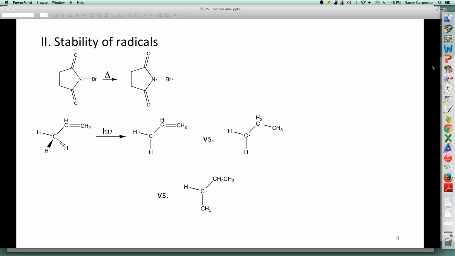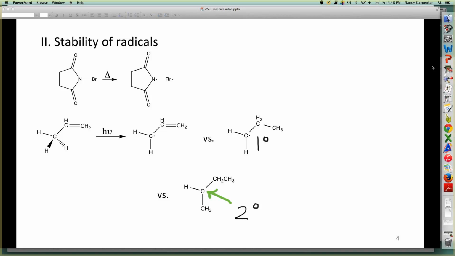Well, how about this guy, the butyl radical, where the radical is localized on a secondary carbon. This guy, primary carbon.